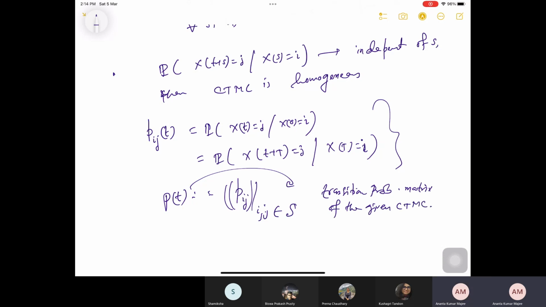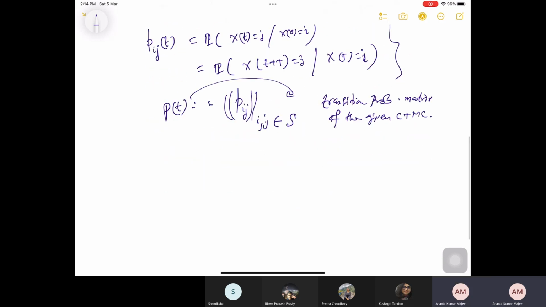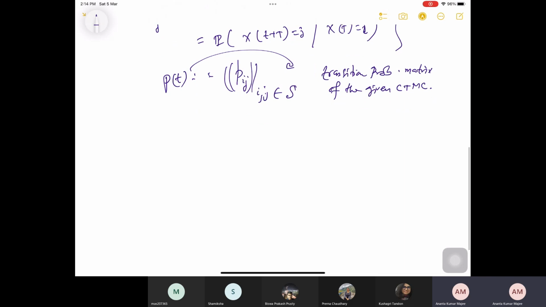Okay. So as I said, throughout our discussion we will consider a homogeneous CTMC. Under this homogeneous CTMC, you can check the following.